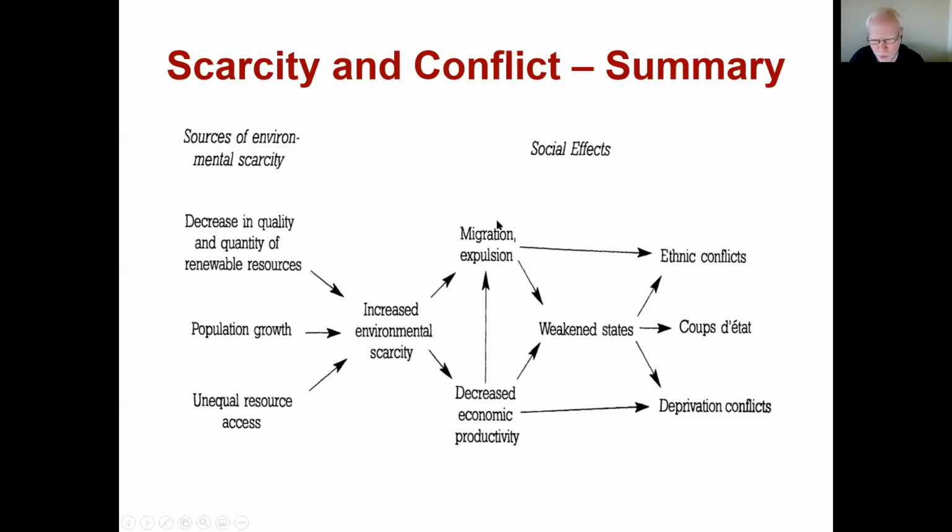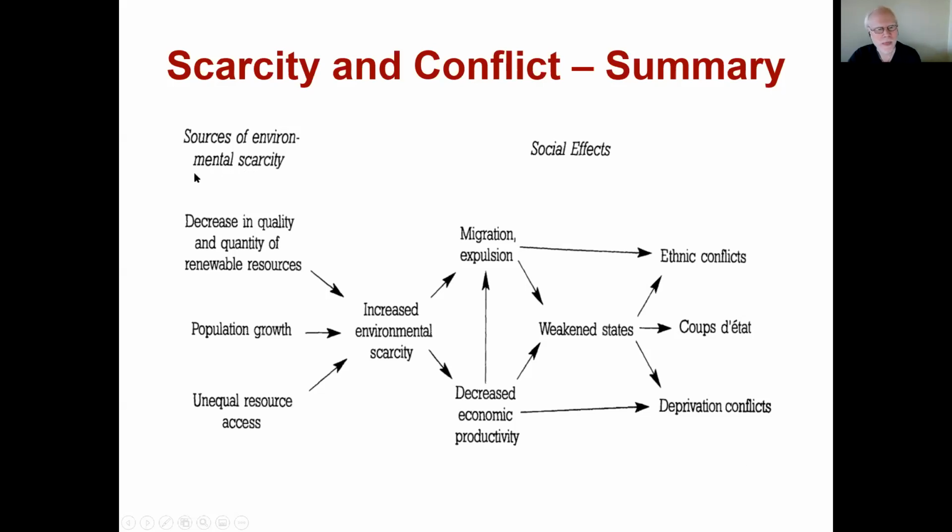So migrant expulsion is directly linked to ethnic conflict. Decreased economic productivity is directly linked to deprivation conflict. Both are directly linked to weakened states, and weakened states are directly linked to ethnic conflict, coup d'etats, and deprivation conflicts.